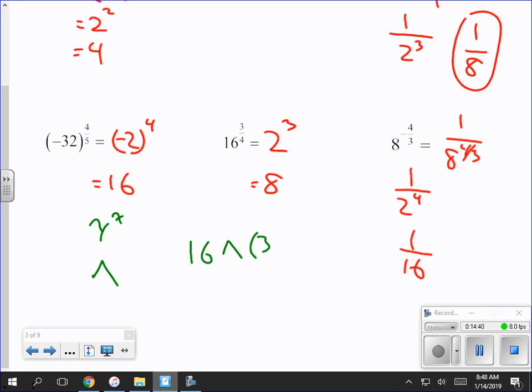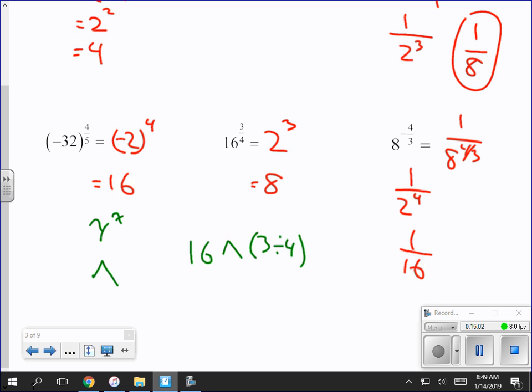Either one will work. You can do 3 divided by 4, put parentheses around the exponent. And that'll give you 8. The other way to do it is your calculators do also have fraction keys.